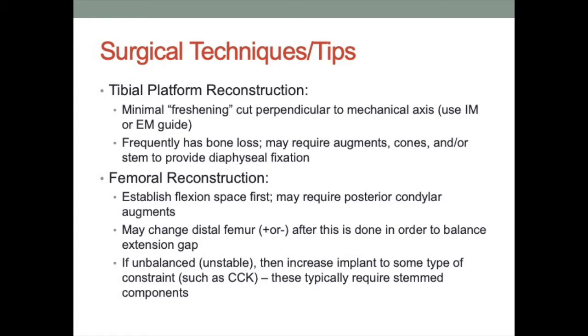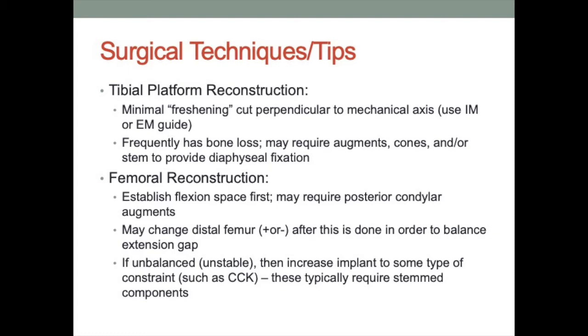On the femoral reconstruction side, again, as we just talked about, you want to establish the flexion space first after the tibia has been established, and in order to do that, you may require posterior condylar augments on both sides or one side. You then bring it into extension, and you may need to change the distal femur cut or augment it as needed in order to restore the extension gap balance.